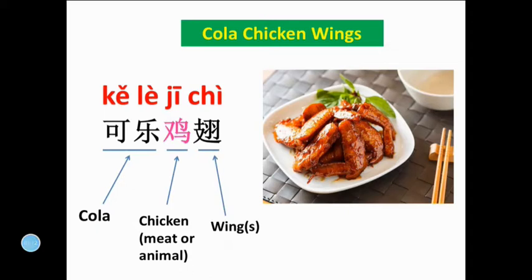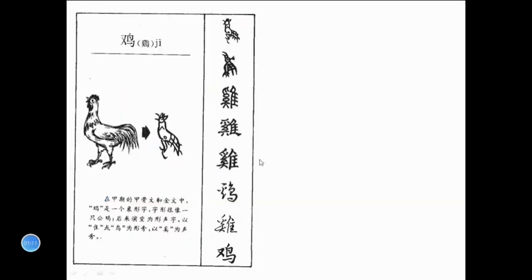Now let's learn a bit more about the character 鸡. If you look at the earliest known character for chicken, 鸡, you will instantly realize it's like a picture of the animal itself. On the right column, you will see the evolution of the character 鸡 throughout the Chinese history.